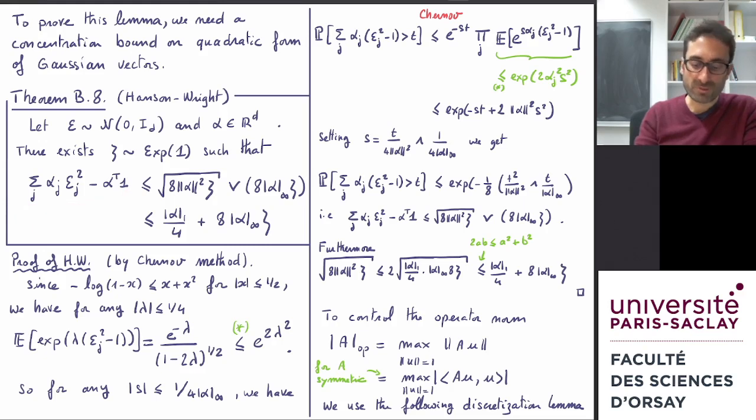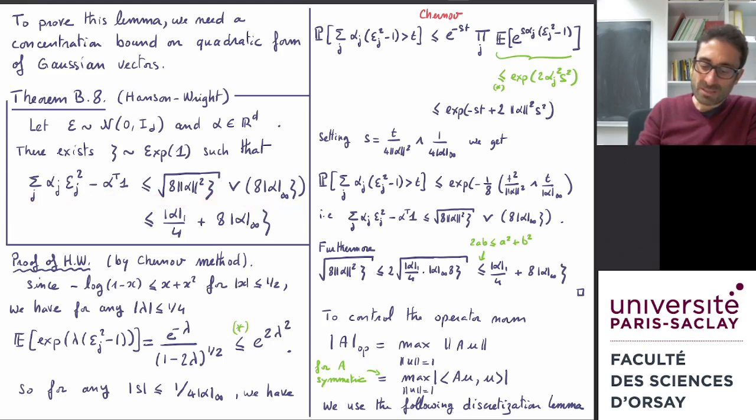So what we will show is that there exists a random variable xi which follows an exponential distribution with parameter 1, such that this fluctuation here is smaller than the maximum of these two quantities.